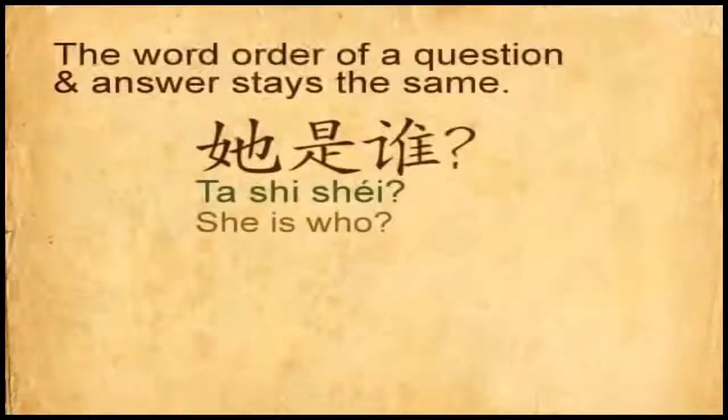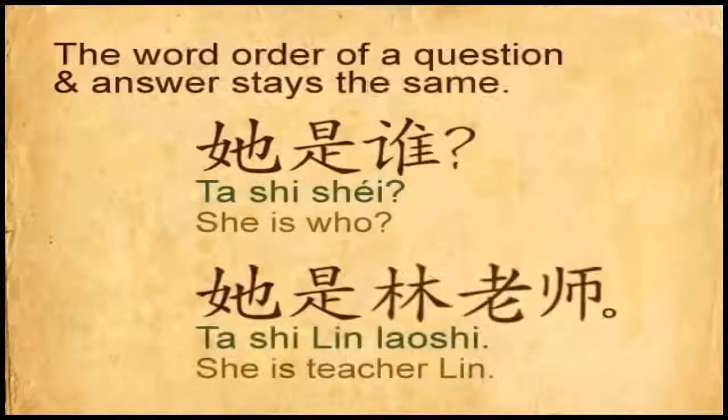You learned that the word order of a sentence stays the same with the question and the answer. For example, the question, 她是谁 Who is she? The answer, 她是林老师 She is teacher Lin.